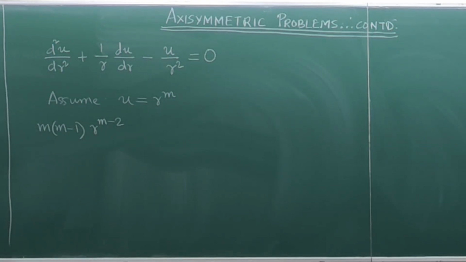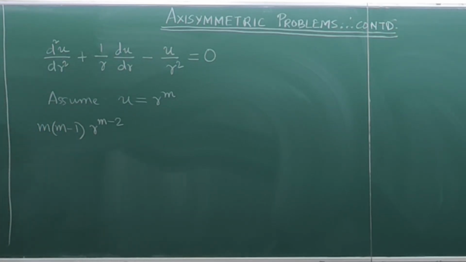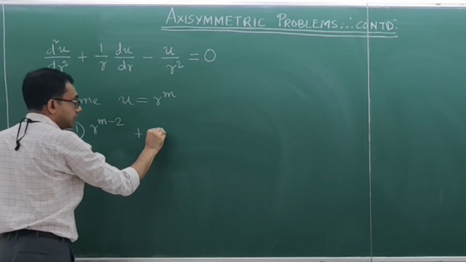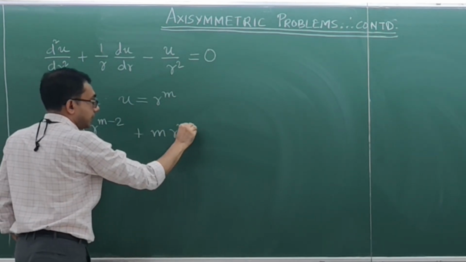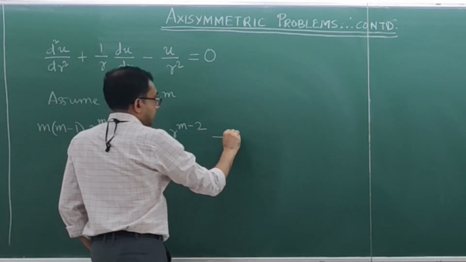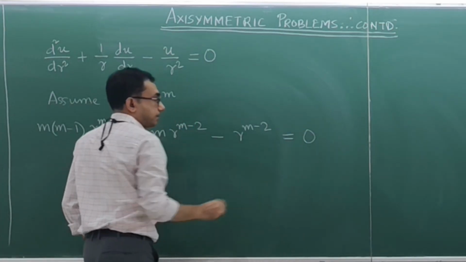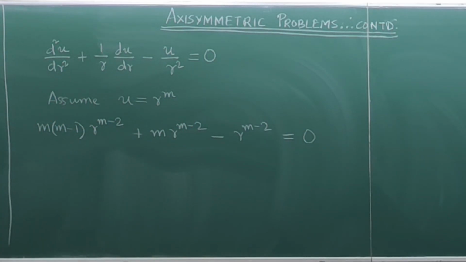From this, I will get m into r to the power m minus 1, but these are divided by r. So I will end up with m into r to the power m minus 2. And over here, I will also end up with r to the power m minus 2. So this is the advantage.